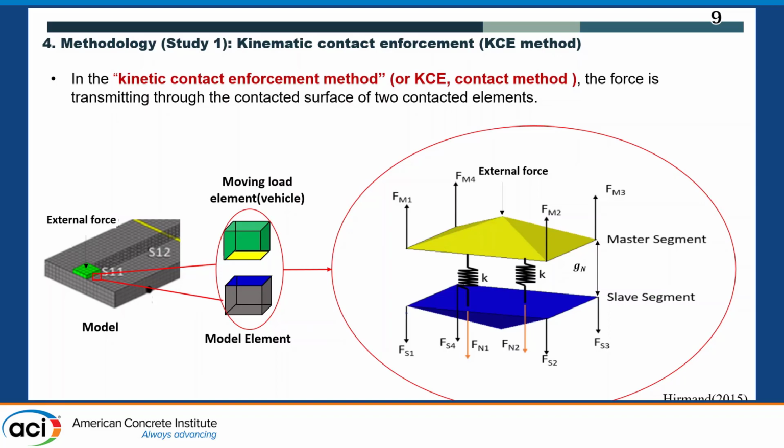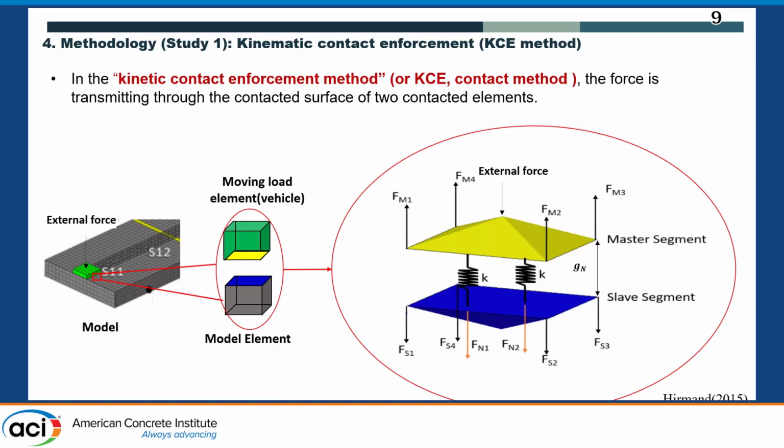There is a lot of detail, but the most important thing to point out is the gap between these two contact elements. In reality, just imagine the vehicle on the surface. That gap is mostly equal to 0, and sometimes over 0, because if there is a bump, sometimes it is over 0, but mostly equal to 0.